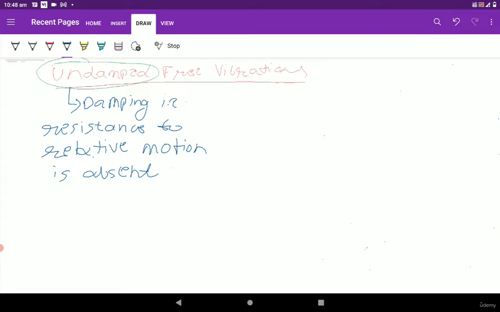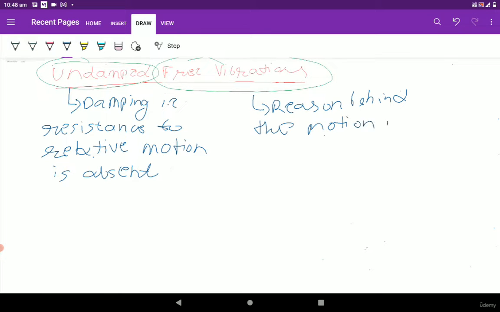And here the free vibration means the reason behind the motion is absent.